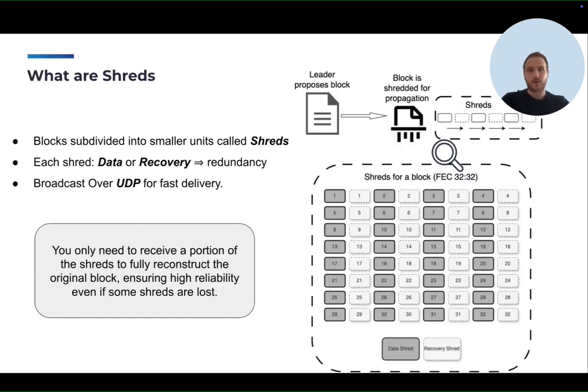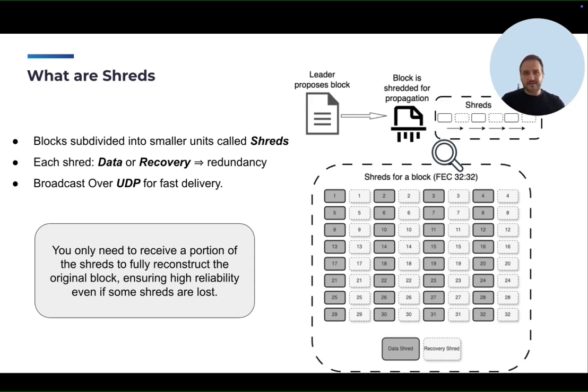Now, what shreds are at a very high level, you can think of a block being grated up in a cheese grater or put through a paper shredder, and it's just different parts, smaller little components of the block that by themselves don't mean much. But once you have access or have received a certain number of these shreds, you're then able to reconstruct the original block that the leader put together, and then obviously get access to all that block's content, such as all the transactions that are included in that block.